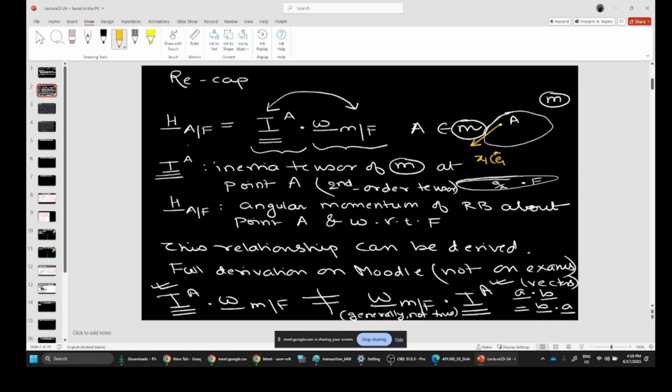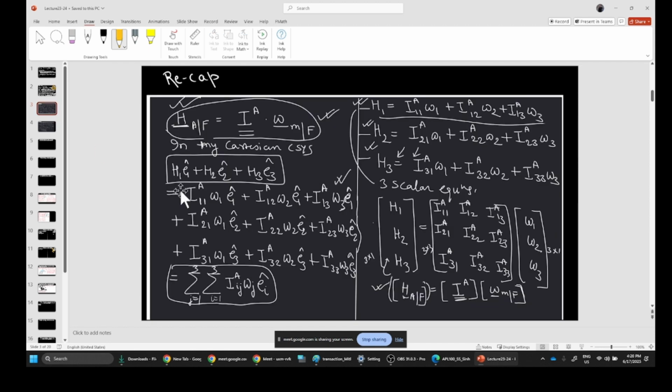So the Cartesian coordinate system that I am using is this, with an origin of the coordinate system. Okay.